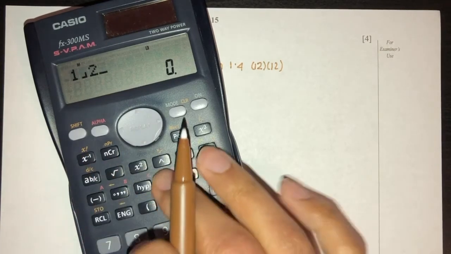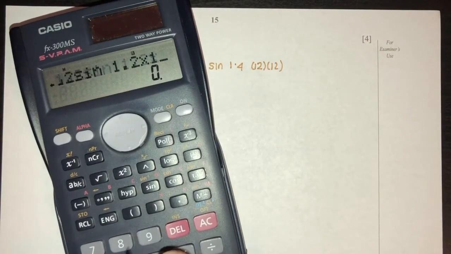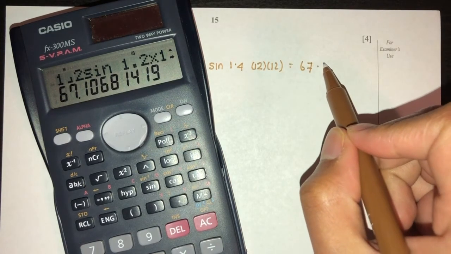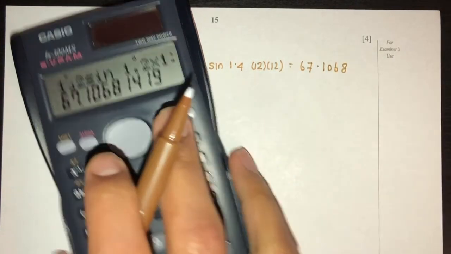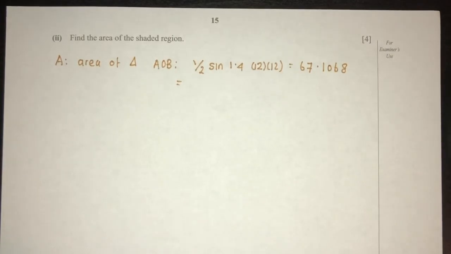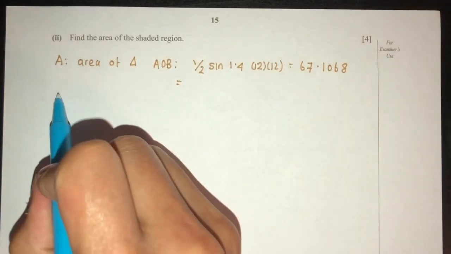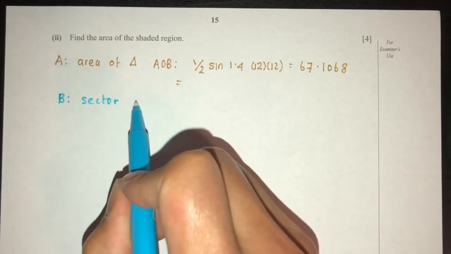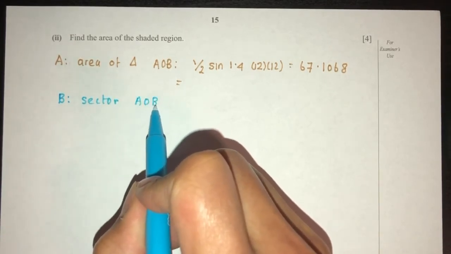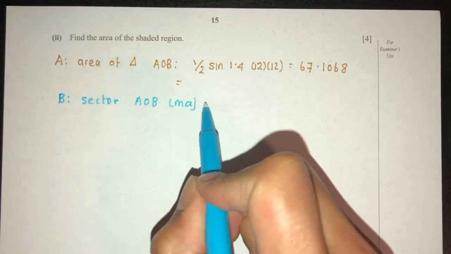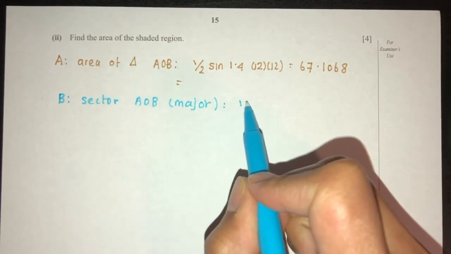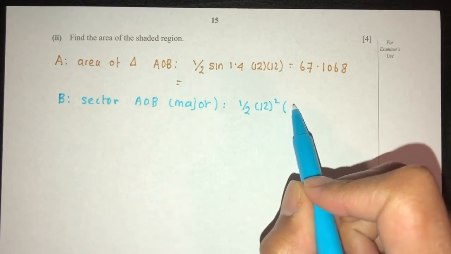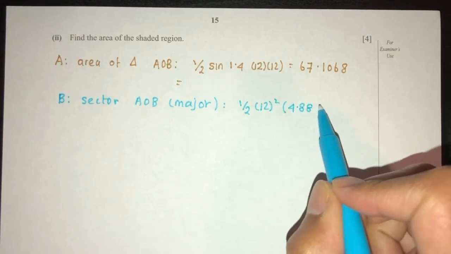Half sine of 1.4 times 12 times 12 will be 67.1068. Next, we have to find the area of B, which is the sector AOB, but the major sector. That will be half r squared, which is 12 squared, times the angle, which is 4.8832.